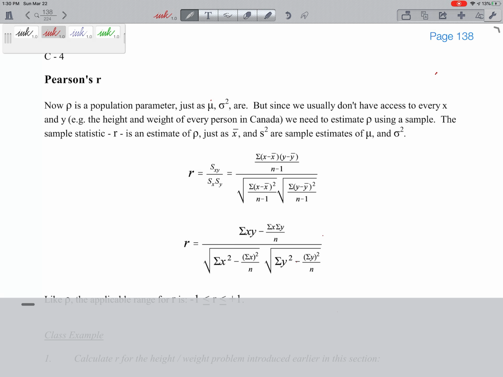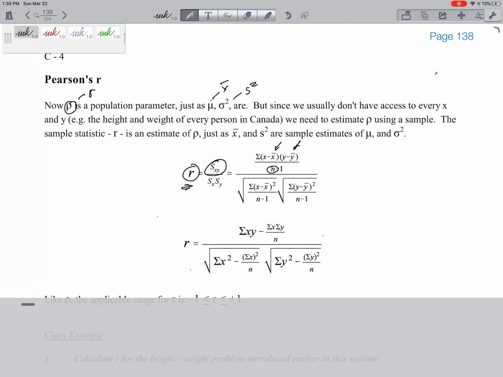And when you're dealing with a sample, you're not dealing with rho, we're actually dealing with the sample equivalent, which is called R. So R is the sample statistic which estimates rho, just like x bar is used to estimate mu, and s squared is used to estimate sigma squared. You'll notice that it's based on sample values, which are x bar and y bar and little n's.